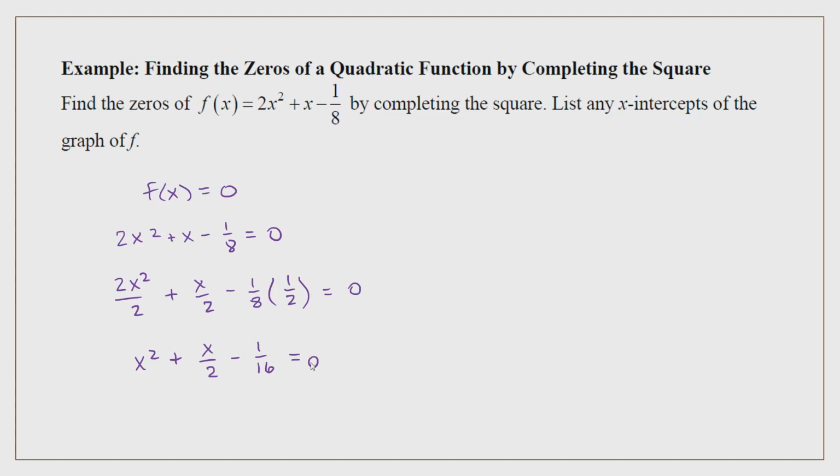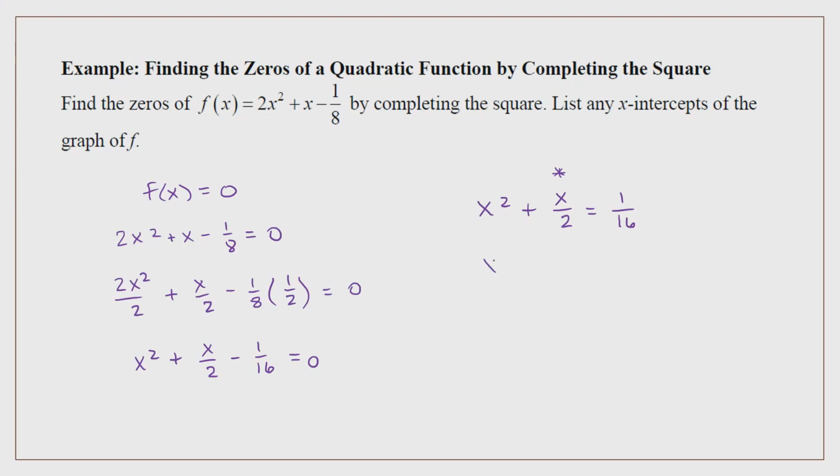So now I need to write this in the correct format for completing the square, which would be x squared plus x over 2 equals 1/16. Remember, you always want to move your constant to the right-hand side. So now I'm going to find 1/2 b squared. So my b here is going to be the value 1/2.